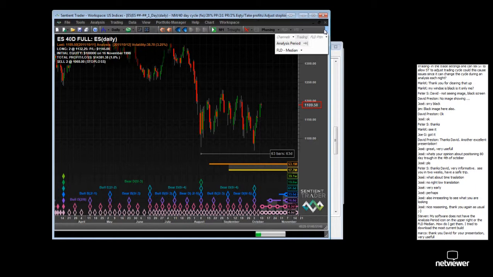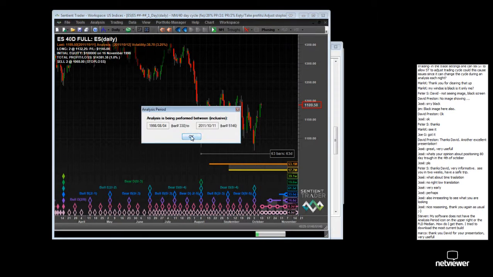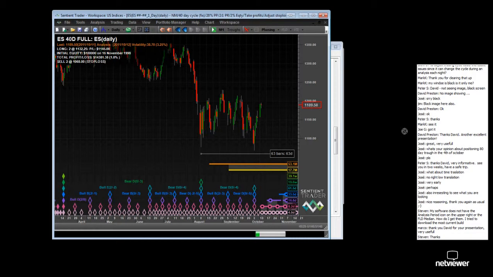It's because Windows uses the resolution of your screen, and we have a lot of toolbar buttons, as you will notice in our toolbar. So what you need to do is click on this little small arrow that Windows puts there for you. Windows hides them, so you click on that little small arrow. I don't know if you can possibly see that in your NetViewer window, but there's a little drop-down arrow there. If you click on that, then it shows you all of the menu items that you are missing, and you can click on them there.